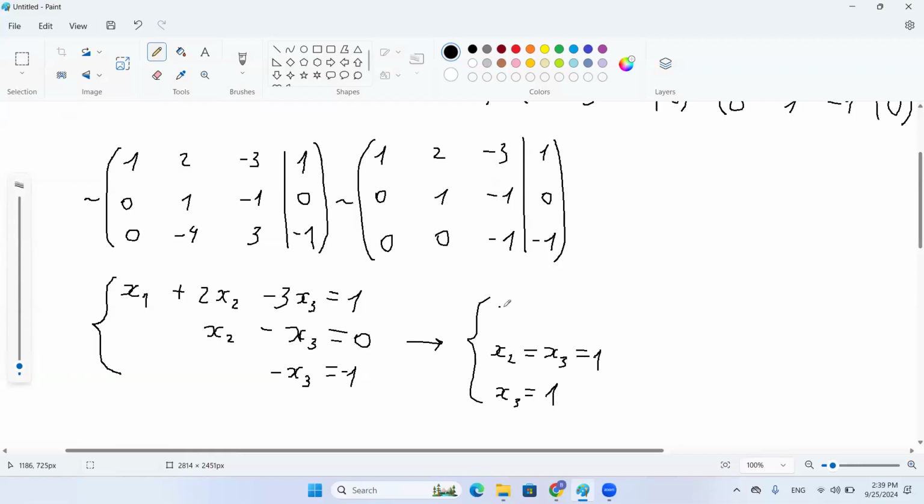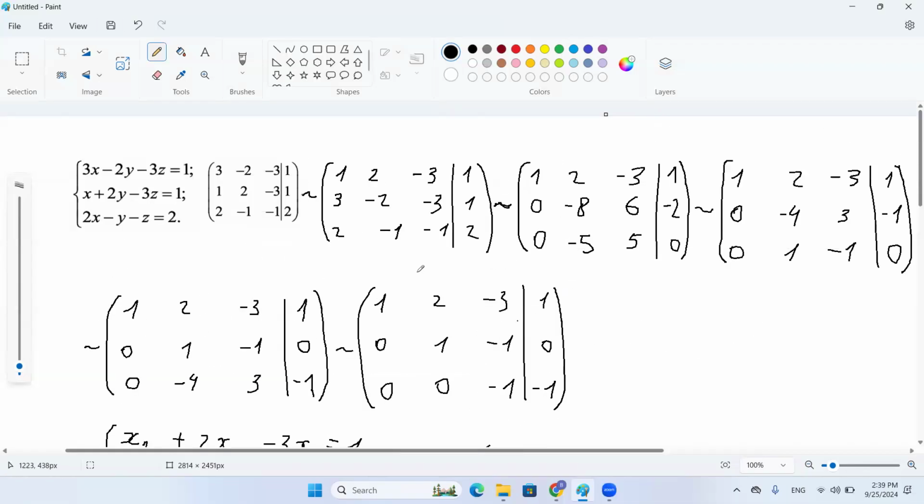And here, how to get x1? So 1 minus 2x2 plus 2 plus 3x3. And it equals, so 4 minus 2, 2. So it is the solution.